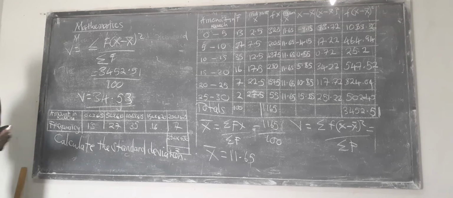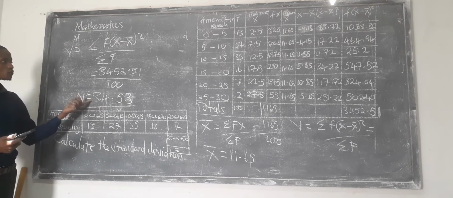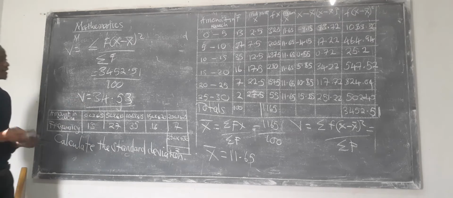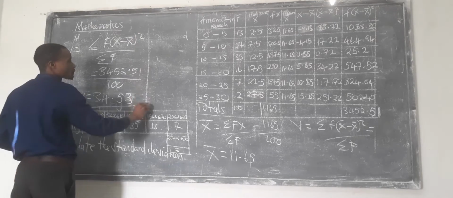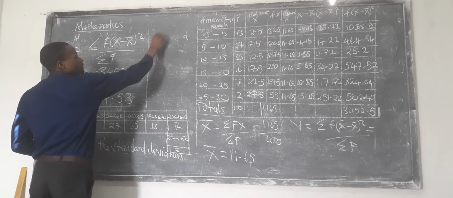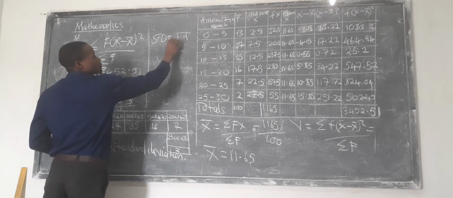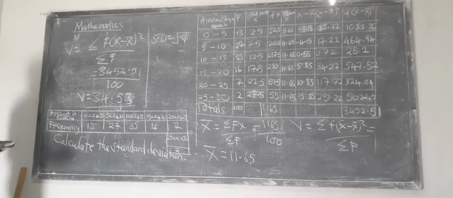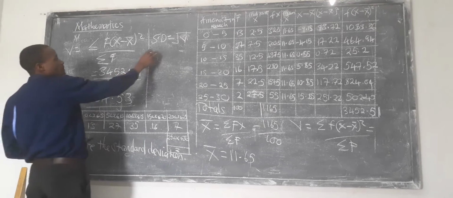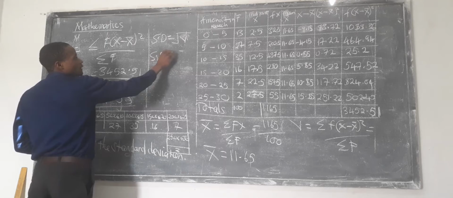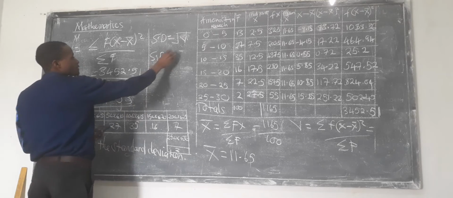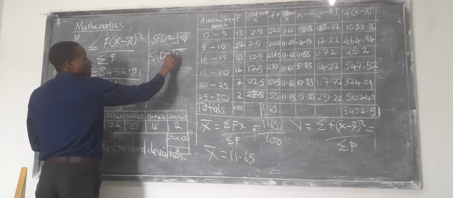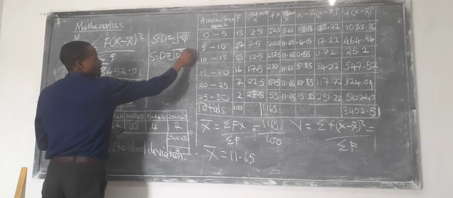Now when you find the variance, that is when you can find the standard deviation. Standard deviation is equal to the square root of the variance. Standard deviation is just the square root of the variance, so SD is the square root of 34.53.